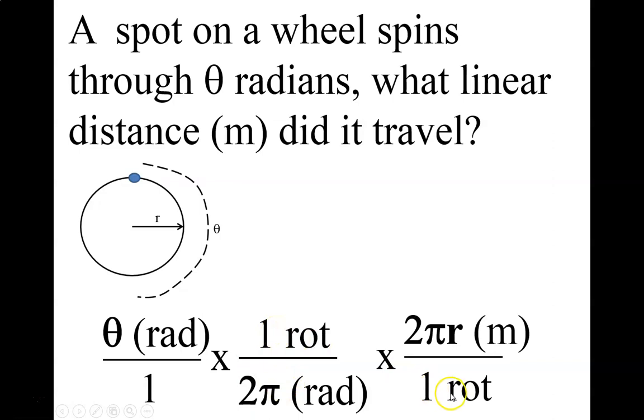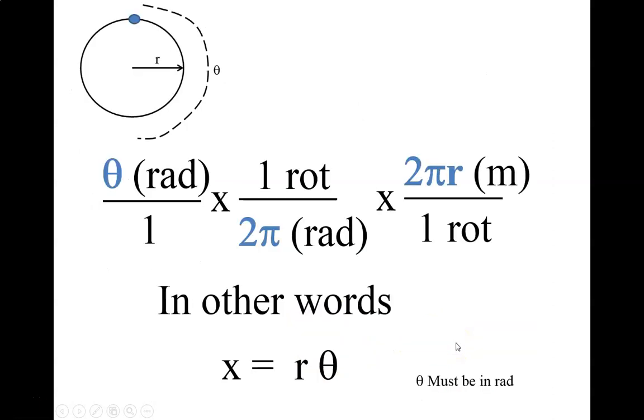Each rotation, that point on the wheel travels a distance of 2 pi r meters. So one rotation cancels out, 2 pi cancels out, and that leaves r left over. Why do I have the r in blue? I don't know why I have the r in blue. The r shouldn't be in blue.